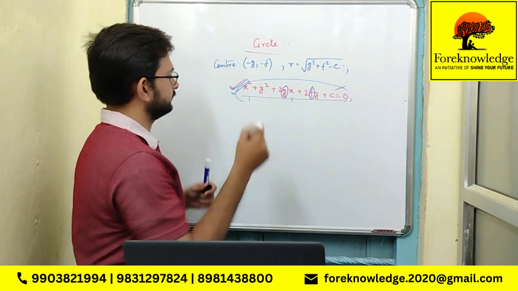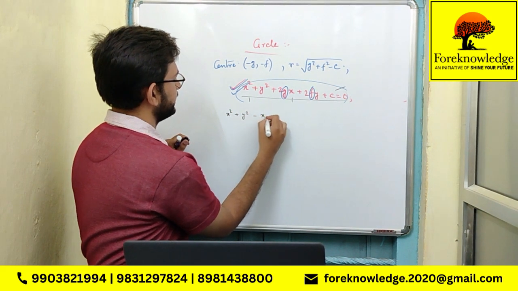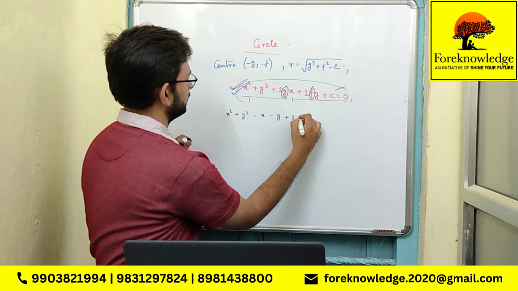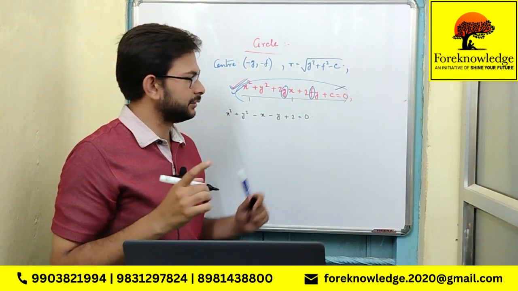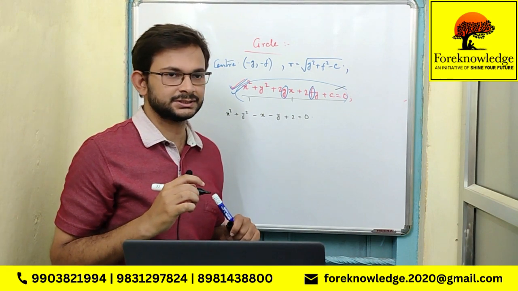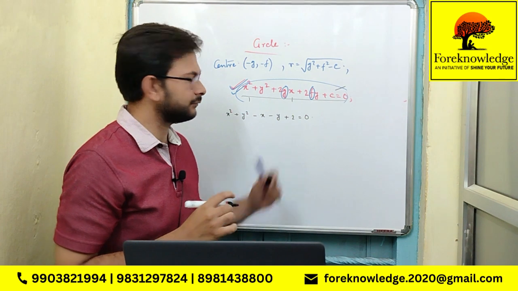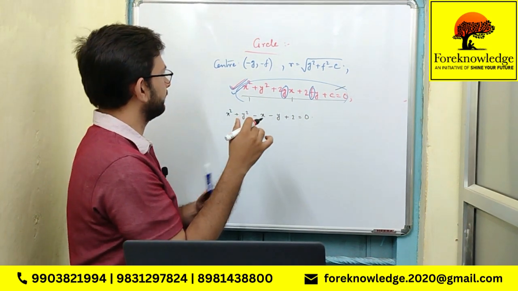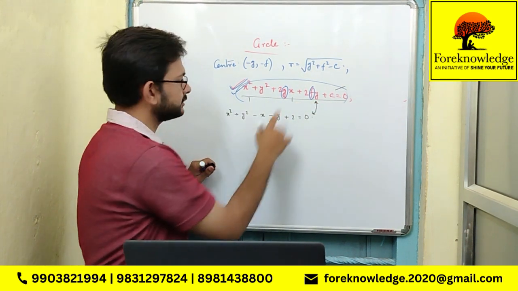Consider this equation: x square plus y square minus x minus y plus 2 equal to 0. First of all, let's check whether this is a circle or not, and if it is a circle, then we will have to find the center and radius. Now compare this with this equation.